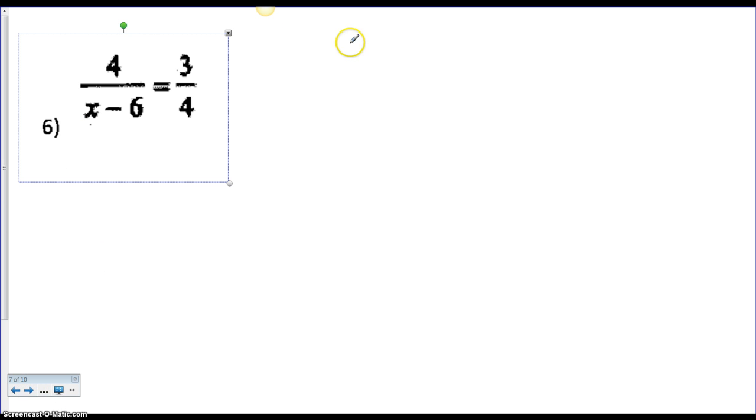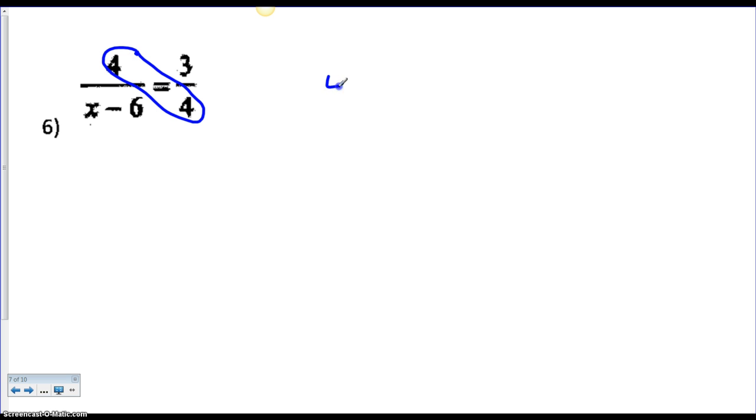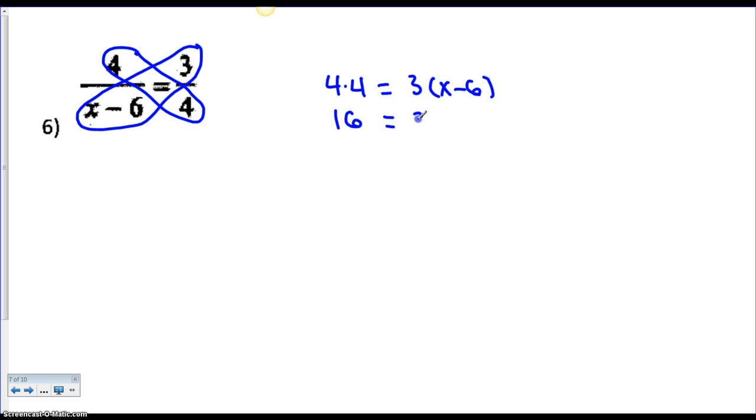Remember, you can tell the sub to stop it at any time if I'm going too fast. Okay? So, when I look here, I have 4 times 4, and then I'm going to have 3 times x minus 6. So I have 16 equals 3x minus 18.